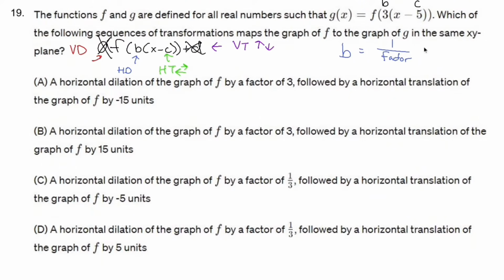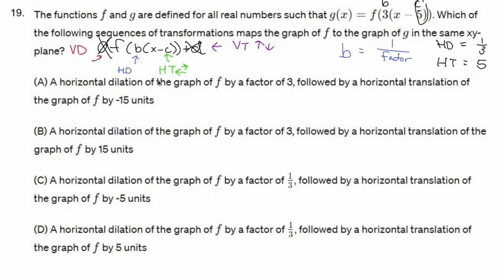So we're going to have a dilation by a factor of 1/3, the opposite of what we're used to. And since it's x minus 5, c is positive 5, which means we have a horizontal translation of positive 5.